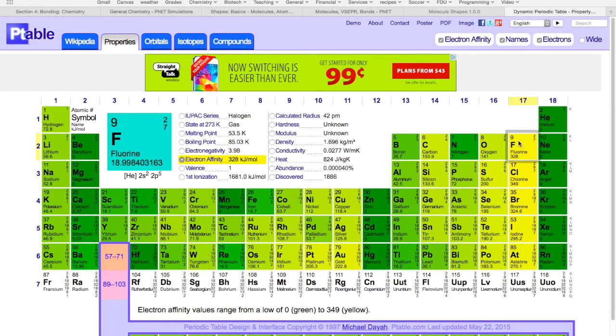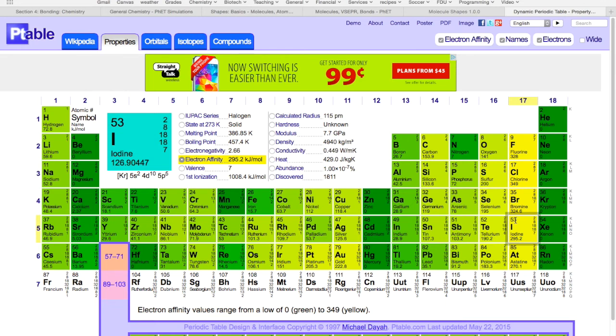And then as you move down a group, you can see that the numbers in general decrease, okay? Or, I mean, they don't change that much. But in general, they do decrease. And that's because you're adding electrons farther from the nucleus.